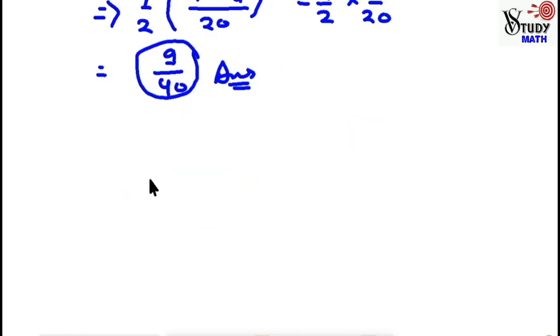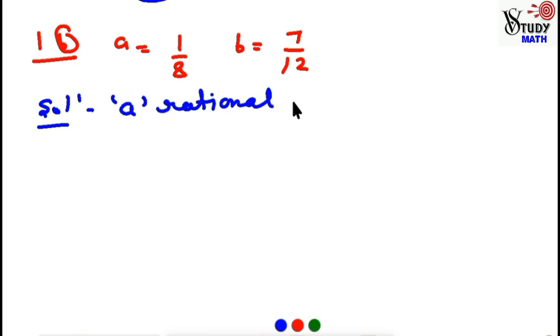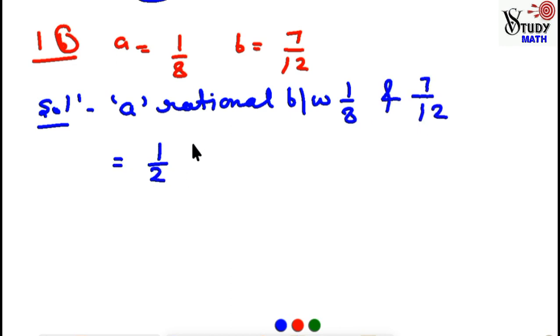Let's move to part B of question number 1. Part B, question 1 part B. A is given here as 1 by 8 and B is given here as 7 by 12. So let's solve this question. Write a rational number between 1 by 8 and 7 by 12, which is equal to 1 by 2 times (A plus B).